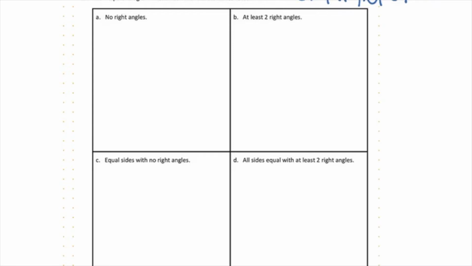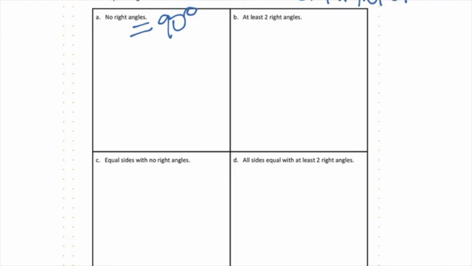For instance, let's take a look at A, which says no right angles. Now you remember right angles equal 90 degrees. So when you go to mathisfun.com, you can maneuver your diagram.